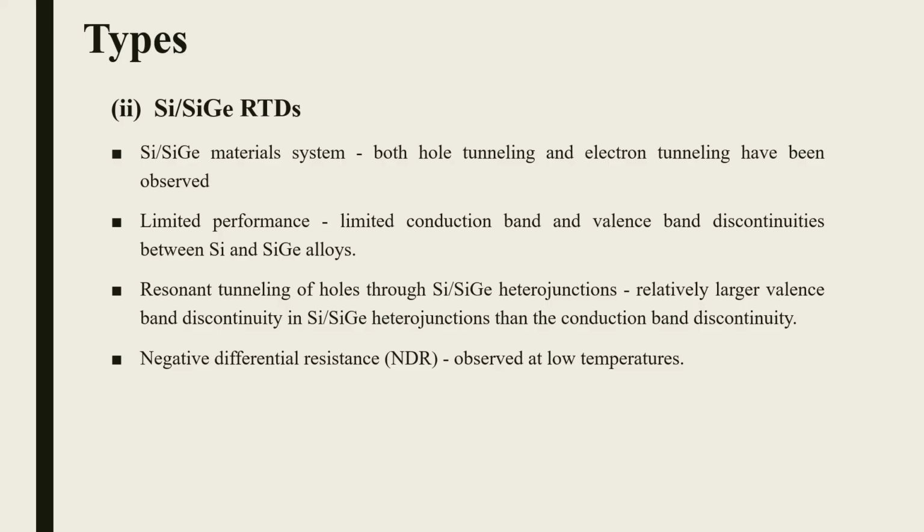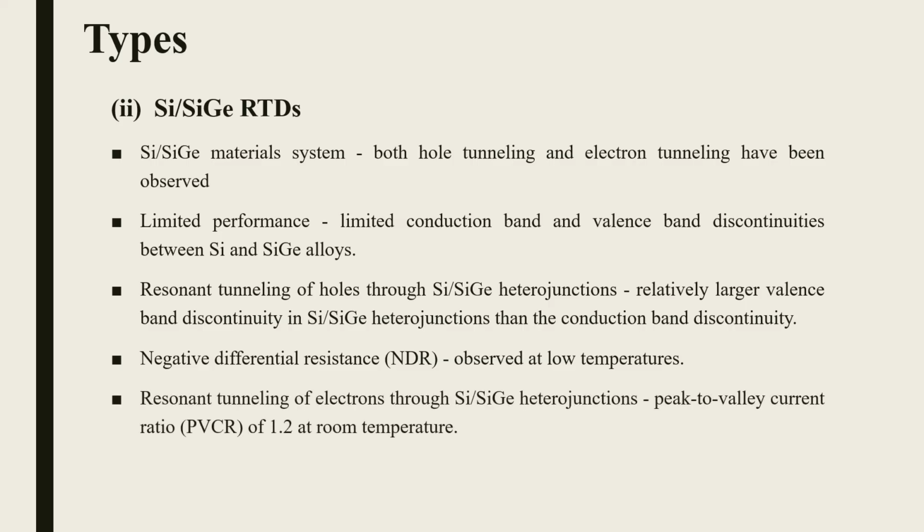Negative differential resistance was only observed at low temperatures but not at room temperature. Resonant tunneling of electrons through silicon or silicon germanium heterojunctions was obtained later with a limited peak to valley current ratio of 1.2 at room temperature.